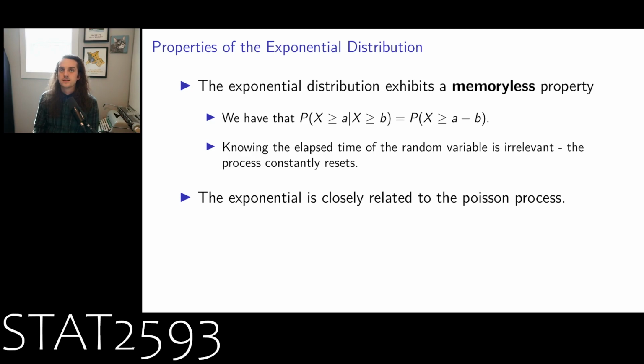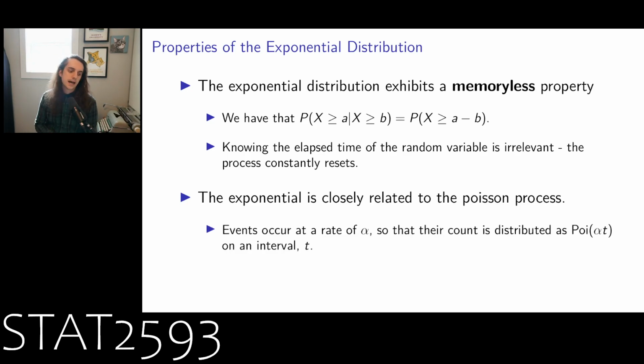Now, in addition to this memoryless property, which can be useful for modeling certain things and not useful for modeling other things, the exponential distribution is very closely related to the Poisson process. So when we had items occurring at a rate of alpha, say car accidents happening at some fixed rate of alpha per unit time, then over an interval t, the count is going to be Poisson of alpha times t.